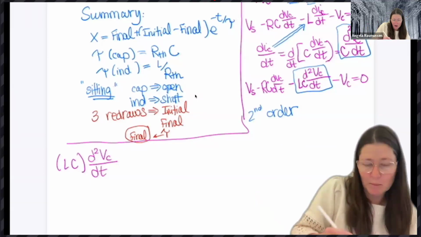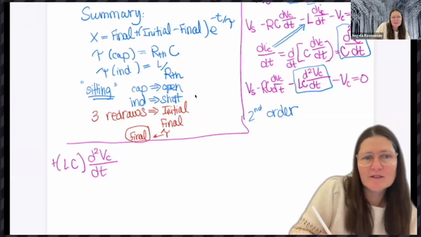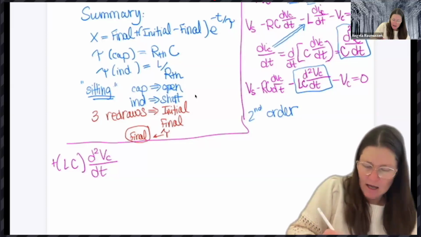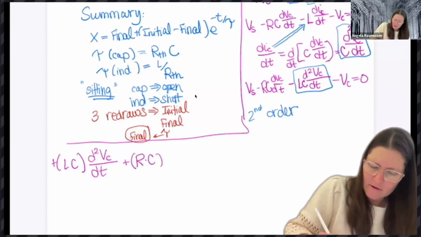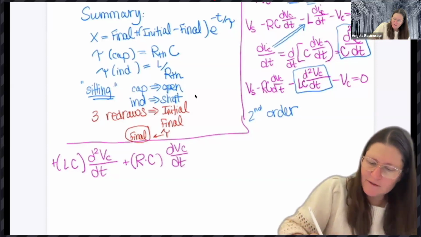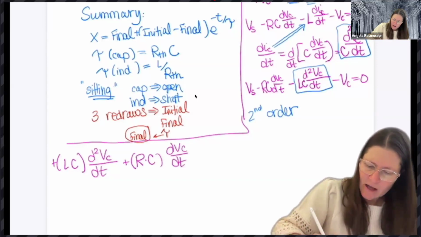So this will be a positive LC times the second derivative of VC over dt, and then a plus R times C, and then the first derivative of VC, and then a plus VC.